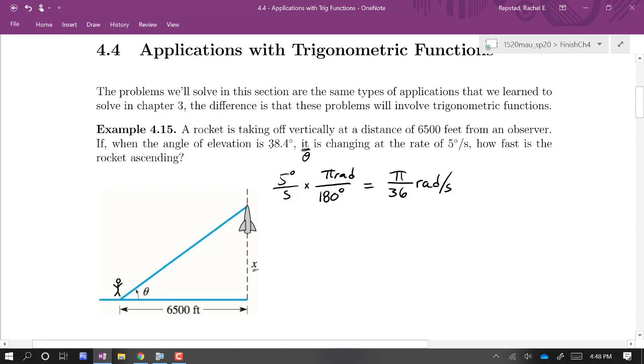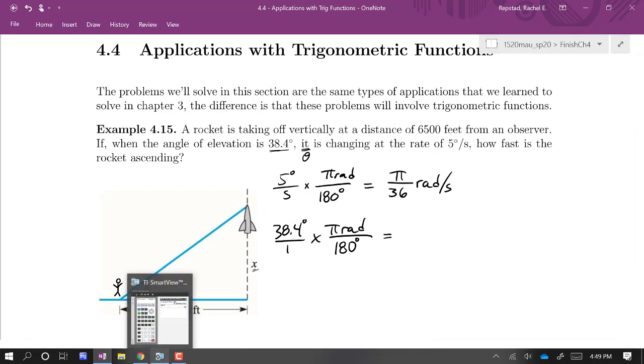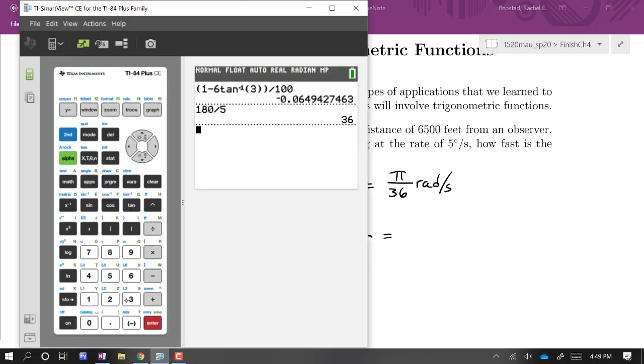And then the other measure they gave us was this measure at 38.4 degrees. So I'm just going to convert that. And that angle was already given as a decimal, so I'm just going to approximate this.